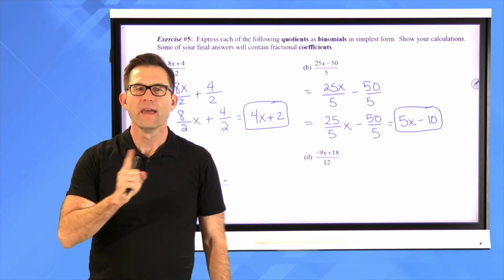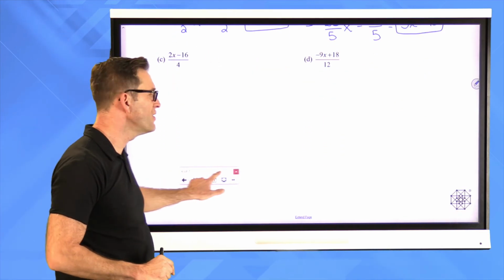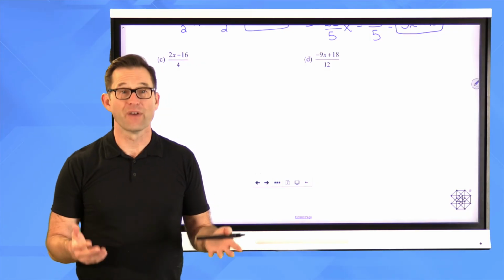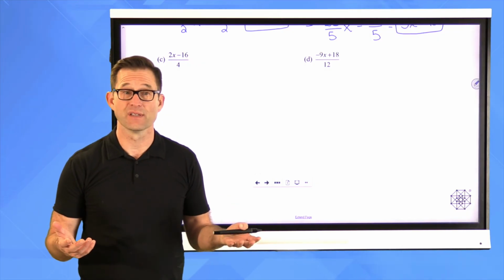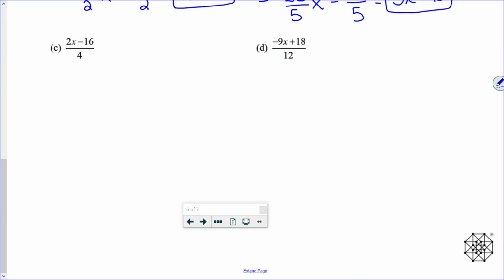All right, now, letter C and letter D are more challenging because division doesn't always produce whole numbers, right? Division often actually produces fractions as final answers. So let's take a look at that in letter C. All right, here we have 2x minus 16 divided by 4. So I can break that into 2x divided by 4 minus 16 divided by 4.